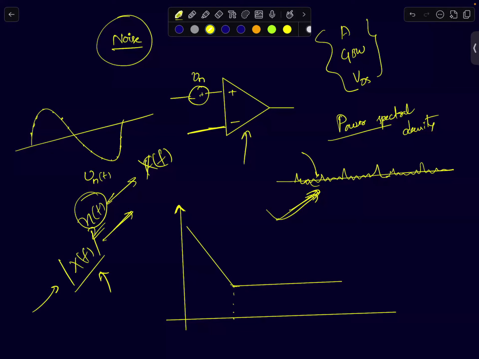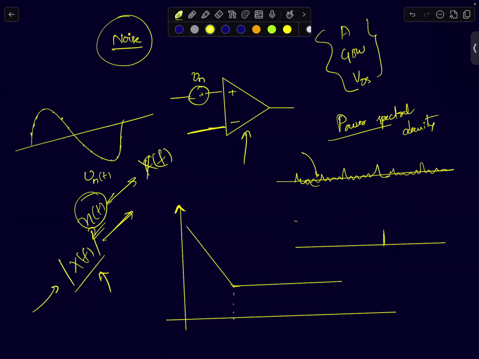For a sinusoid, because it's a perfectly periodic signal, in the frequency domain all the power will be concentrated on a single frequency. That's why we use impulses, right? An impulse tells you that all the power is concentrated on just one single frequency for a sinusoid. For noise, if you plot it, it will have different shapes in the frequency domain.